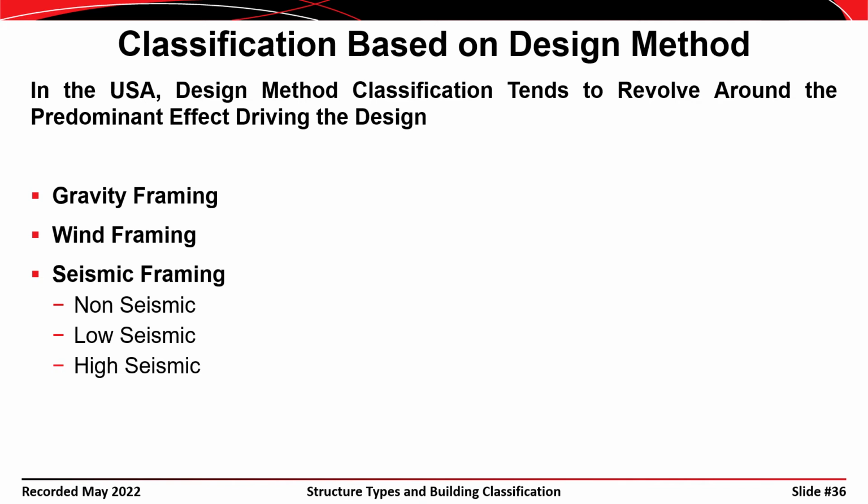Wind might govern in areas around the coast, say Florida, for instance, where you have high hurricane winds, or even in the Boston area where you might get nor'easters and things like that. In other cases, the gravity load is going to define the type of framing that you use. So, three different classifications based on the type of framing that is driving the design selections in the building.